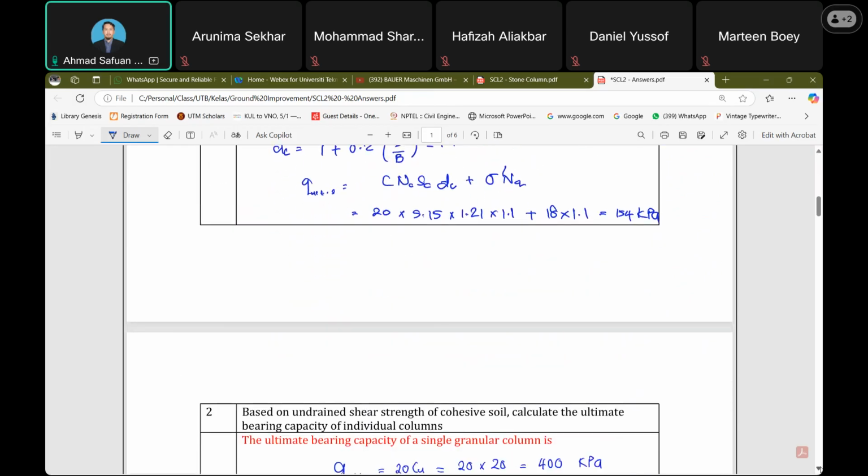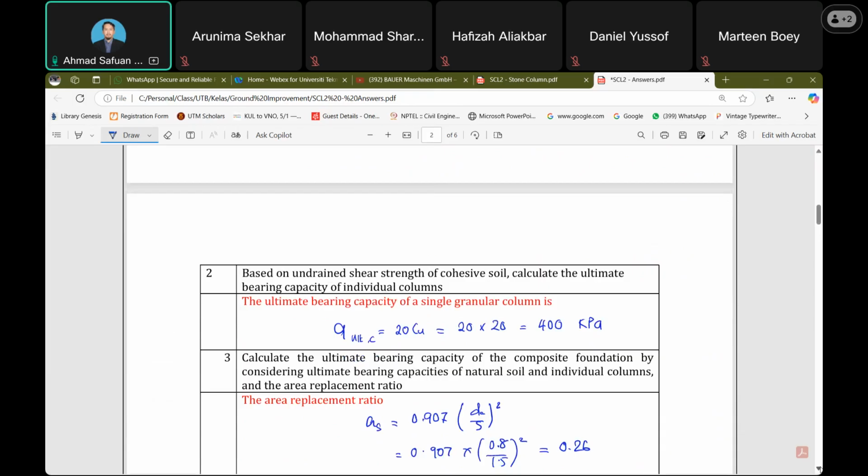So based on the undrained strength of the column, the ultimate bearing capacity of the individual column is 20 times Cu, so that is for the column, which is 400 kPa. So calculate the ultimate bearing capacity of the composite foundation by considering the ultimate bearing capacity of natural soil and the individual columns and the area replacement ratio.